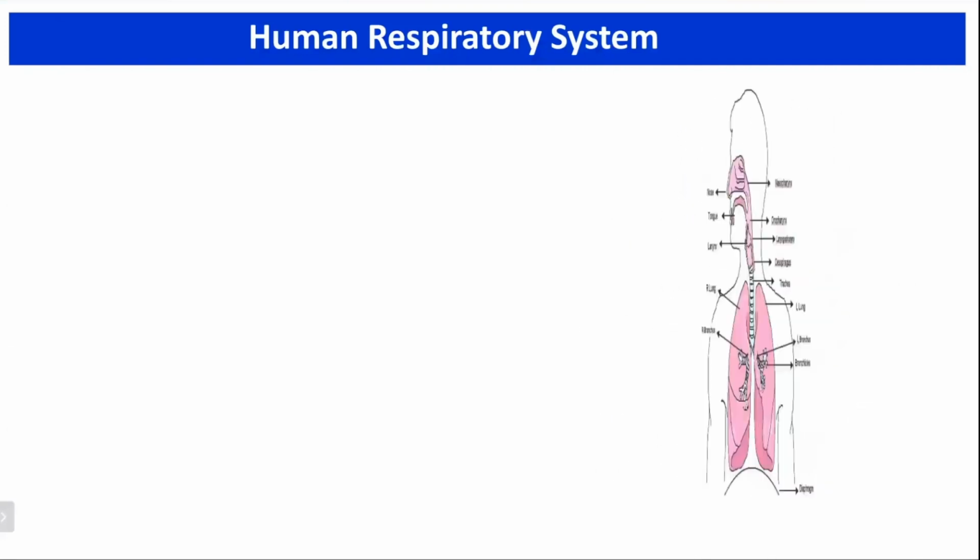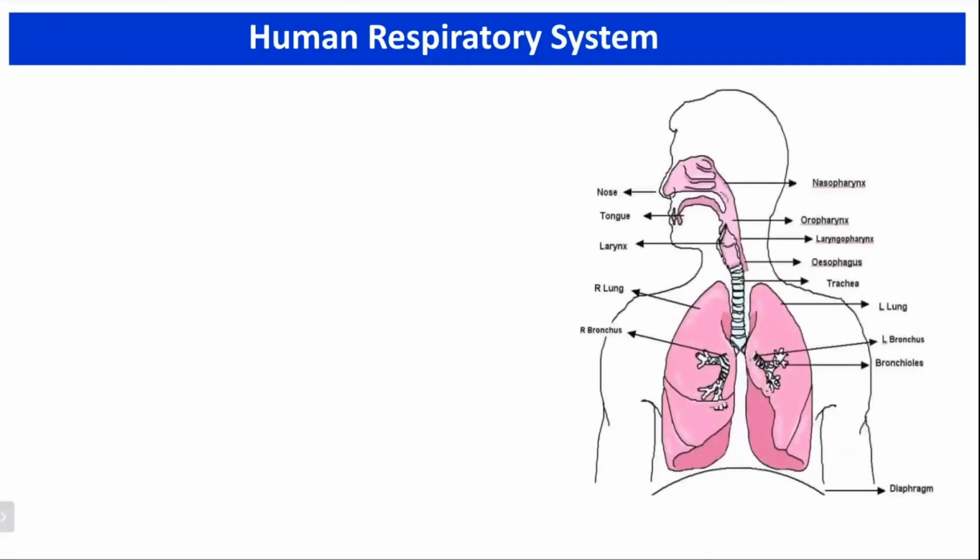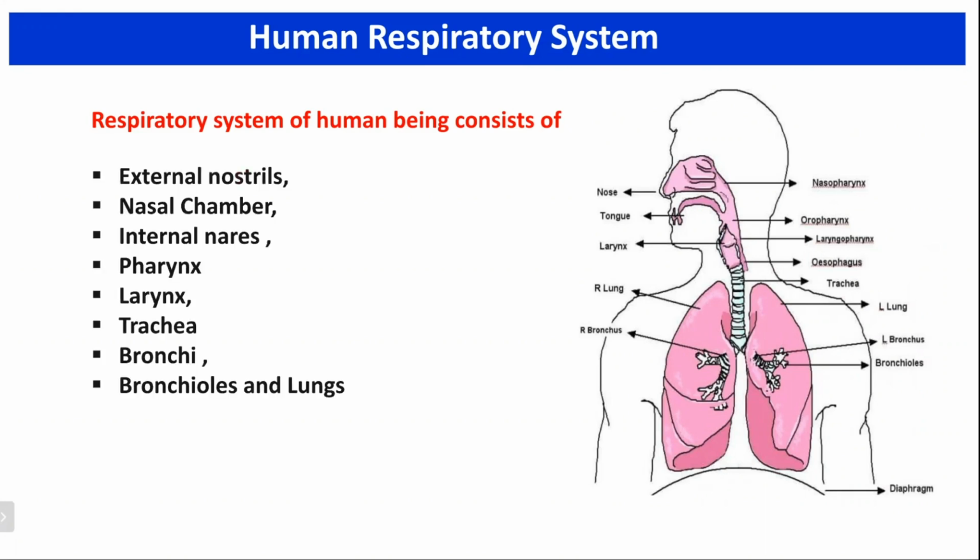Human respiratory system. So this is the diagrammatic representation of human respiratory system. And human being respiratory system consists of certain components. What are the components which are found in human respiratory system if you see? So these are the components, students. Let me read out those components one by one. External nostrils.